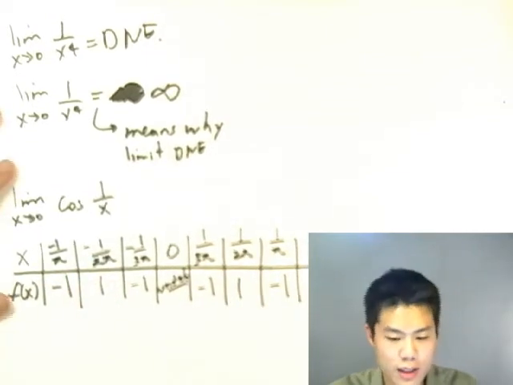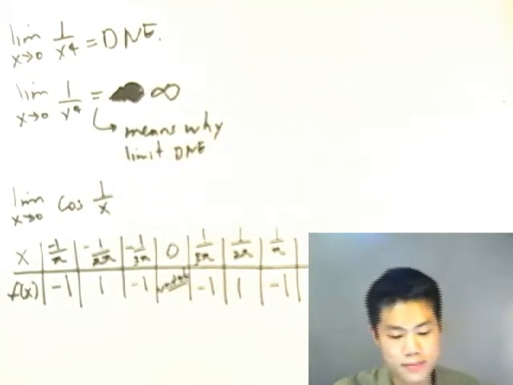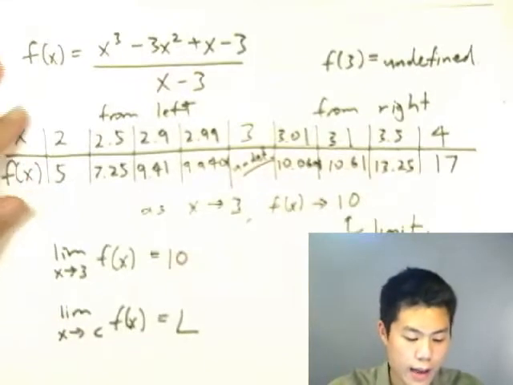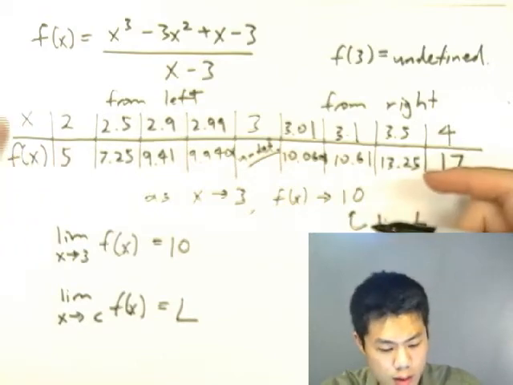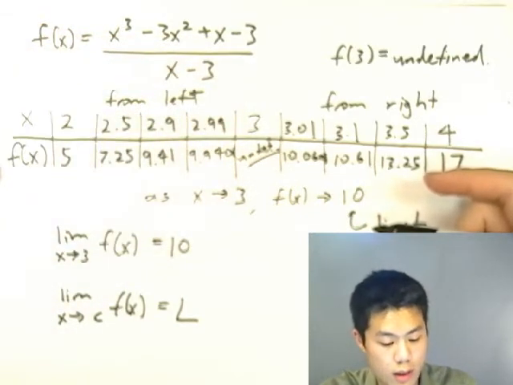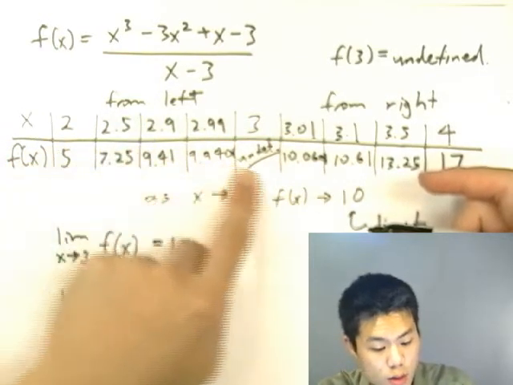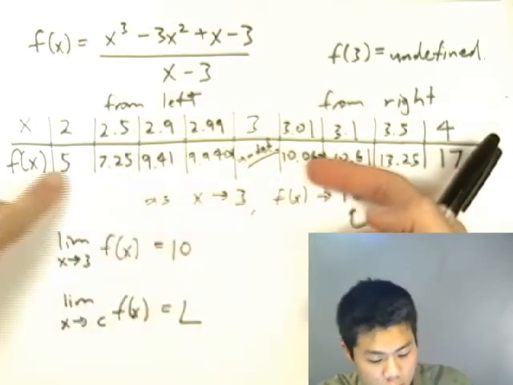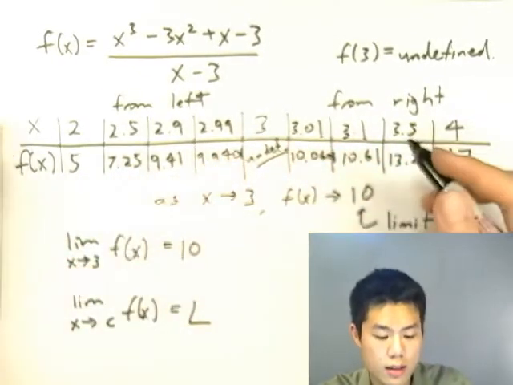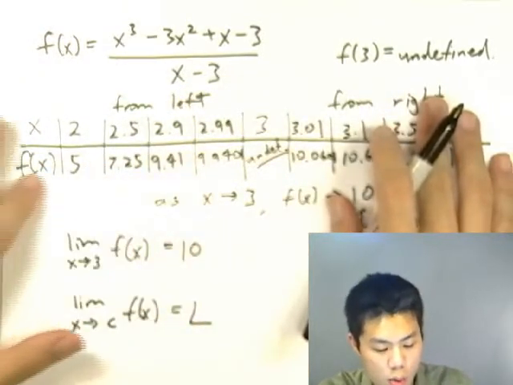You can't have this. In the previous examples, we saw that. Remember, this is the table that we had in the first lesson. This one here, the equation was this, right? So here, as we move in closer to 3, this thing was increasing to 10 from the left, and here it was decreasing. Here, it's always increasing.